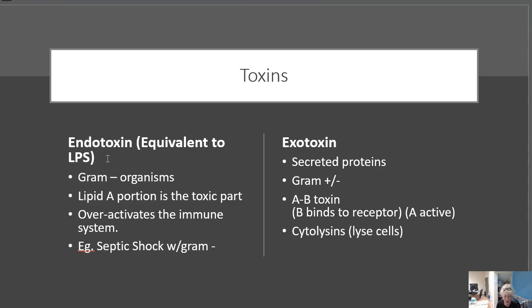Also, the lipid A portion is the toxic part, and it has a tendency to overactivate the immune system, which can cause septic shock. You can have exotoxins in gram-negative or gram-positive with AB toxins. B binds to a receptor, and A is active, and cytolysins lyse the cell.